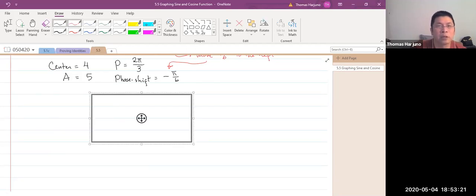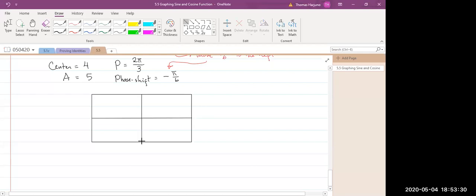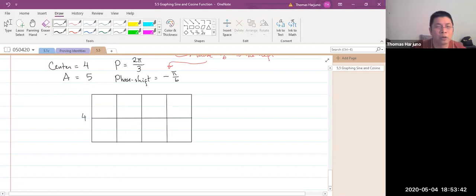Let me make it a bit big this time. The center is 4, the amplitude is 5.